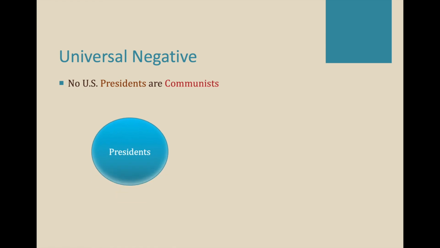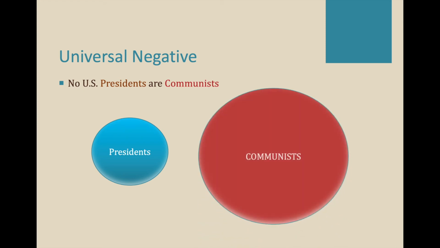Then we have a universal negative. No U.S. presidents are communists. Here we have the class of U.S. presidents, and we also know that the predicate term class is communists, but where will that be represented?